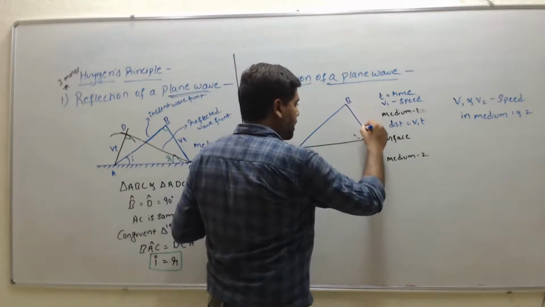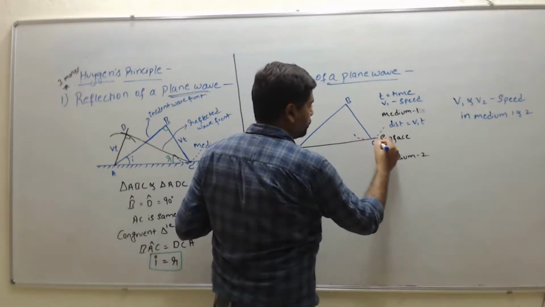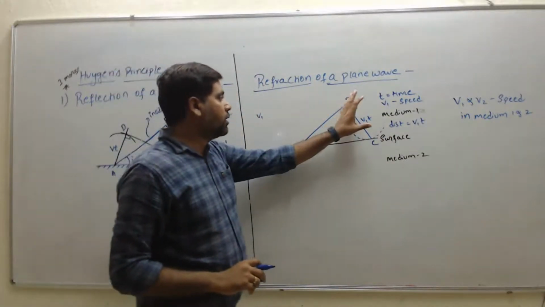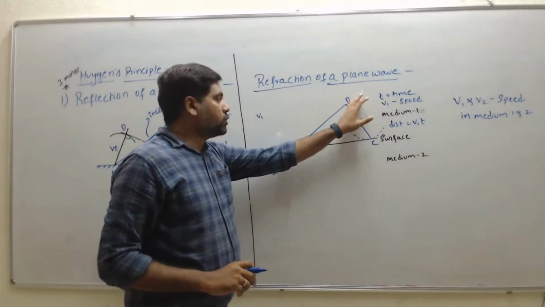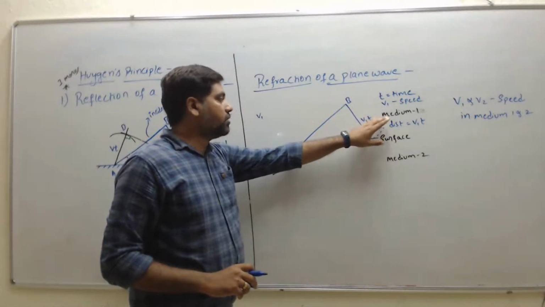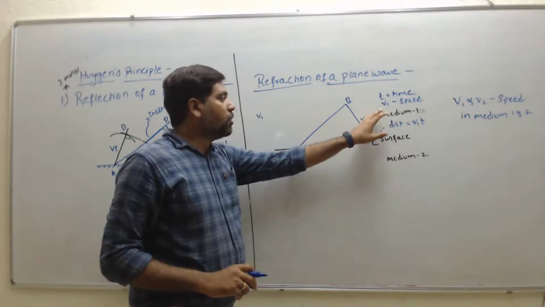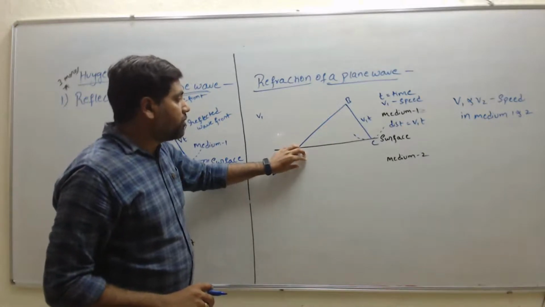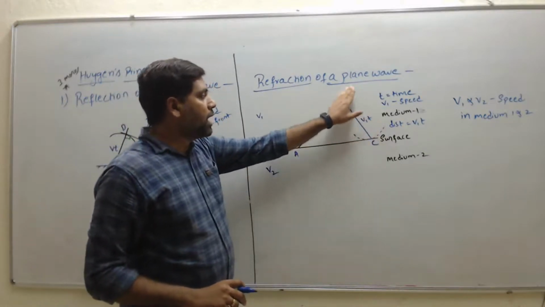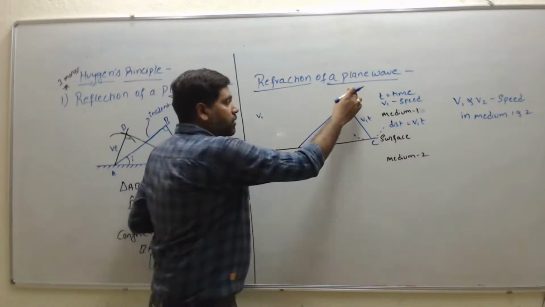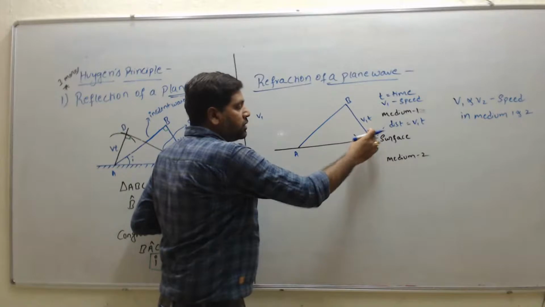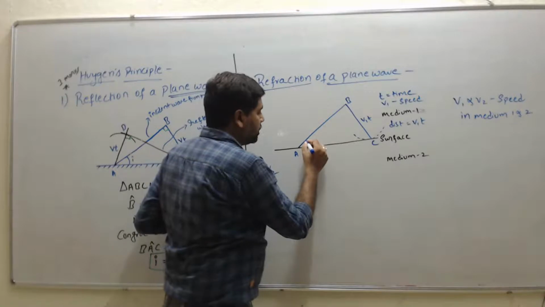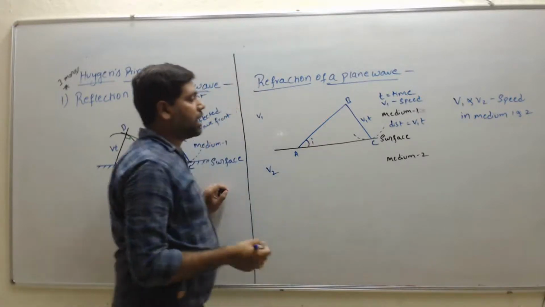Then the distance traveled by B is BC, which is v1 t. The time taken by the source B to strike the surface is t, traveling with the velocity v1. In the same way, the point A also travels for the same time as B. So this one is the angle of incidence i.